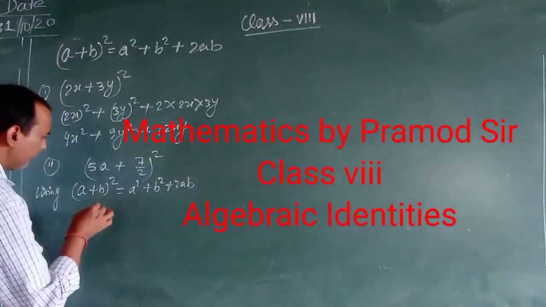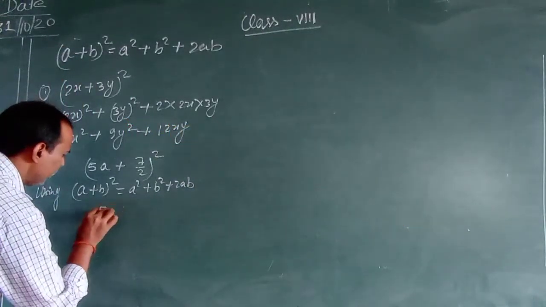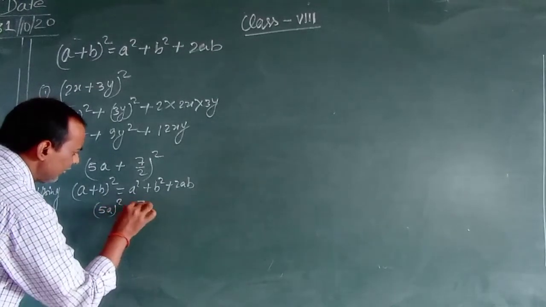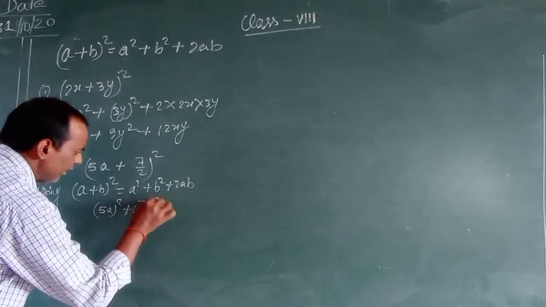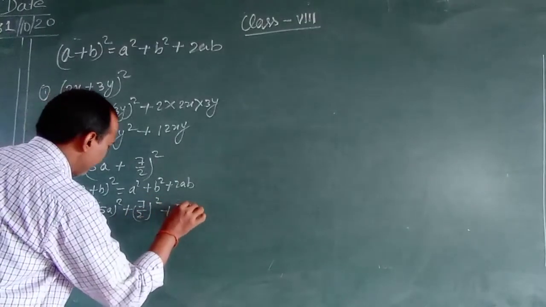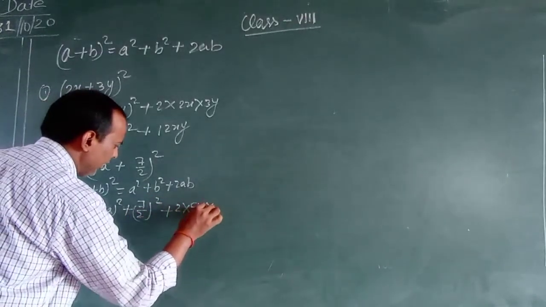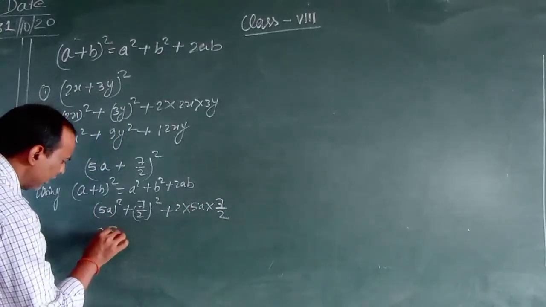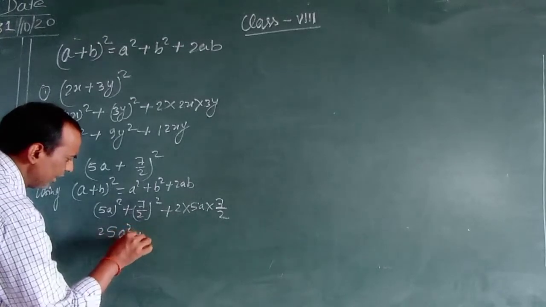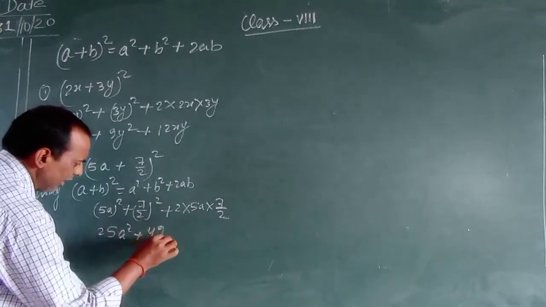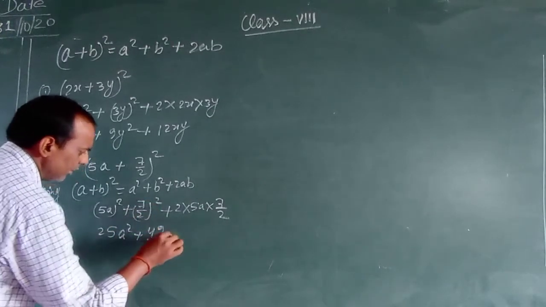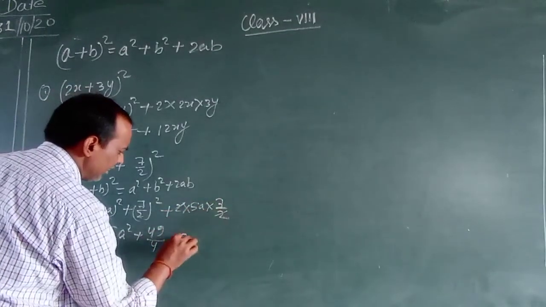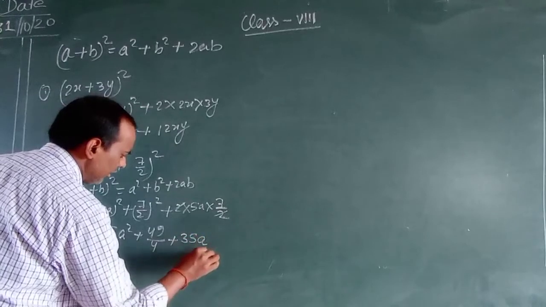Here it can be written as 5a square, second term 7 by 2 square, plus 2 into first term 5a and second term 7 by 2. Here 5 square 25a square, 7 square 49 by 4, plus 2 into 2 cancel, 5 into 7 are 35a, will be.